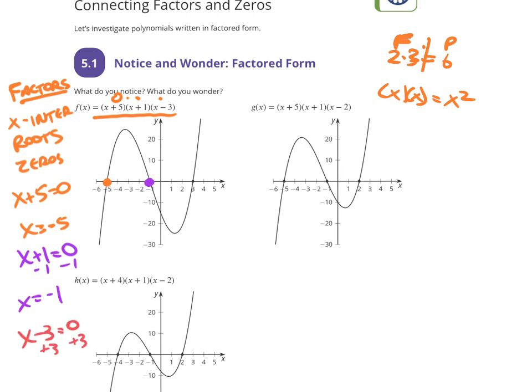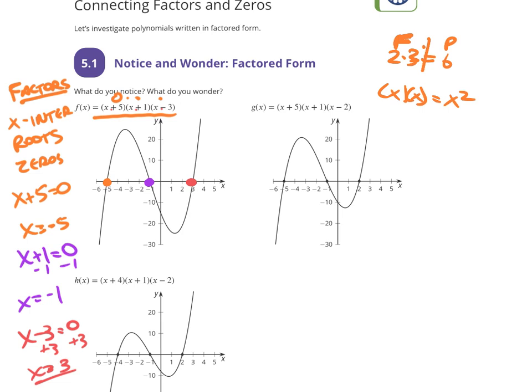Add 3 to both sides, x equals 3. And that is our third one. So if we have 3 factors, that means our graph is going to touch the x-axis 3 times. The number of factors equals the number of times our polynomial touches the x-axis.